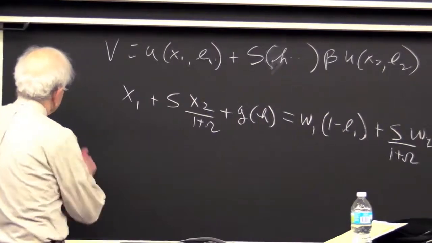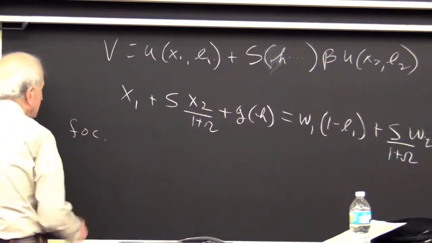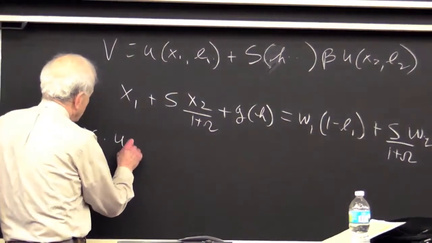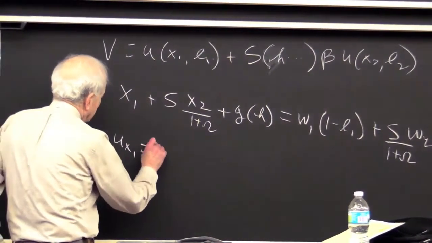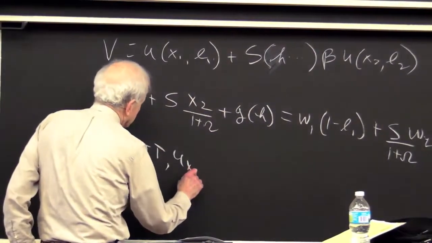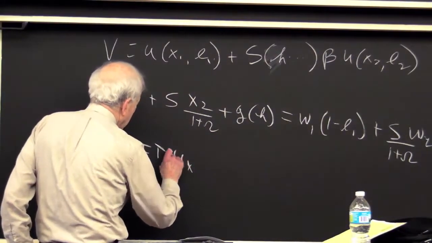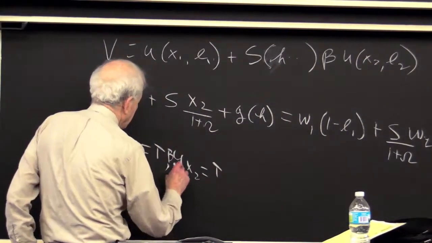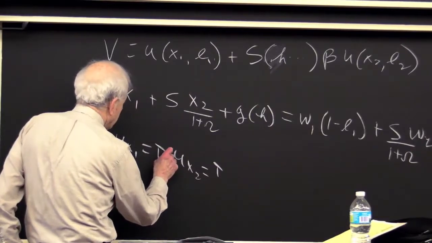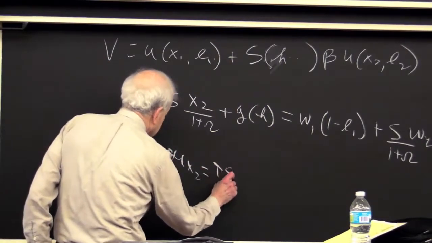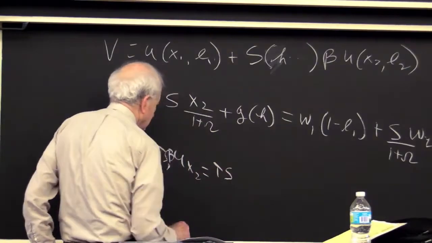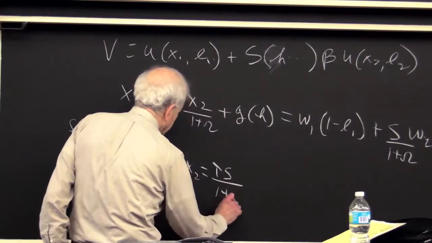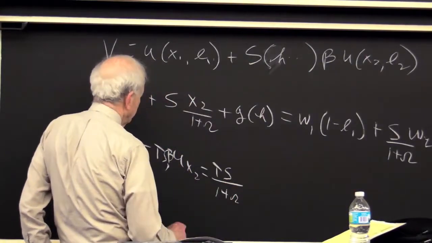And for the first order conditions, I didn't write a couple of these down, but I'm going to write them down now. U x1 is equal to lambda, beta S, U x2 is equal to lambda S over 1 plus R, right?